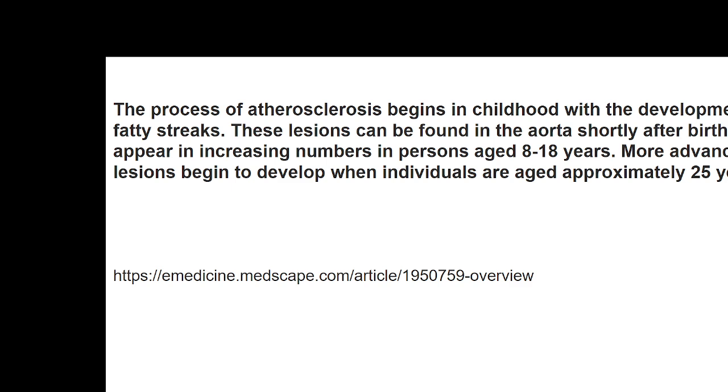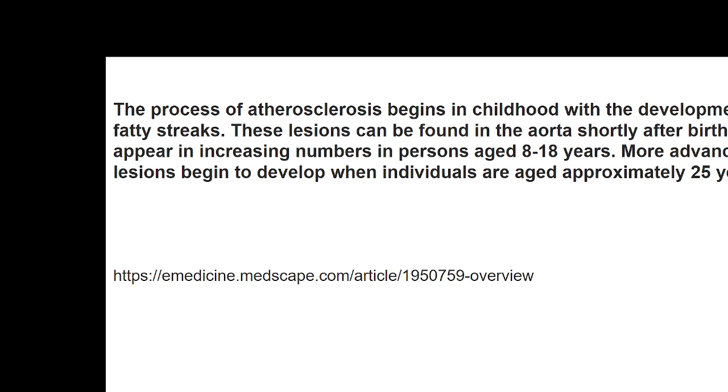As per the statistics, I have mentioned the source here. The atherosclerosis condition begins in childhood with the development of fatty streaks, where the symptoms may not be seen as such, and these lesions could be found in the aorta shortly after birth and appear to be increasing in numbers in persons aged 8 to 18 years. Now, this is somewhat new information.